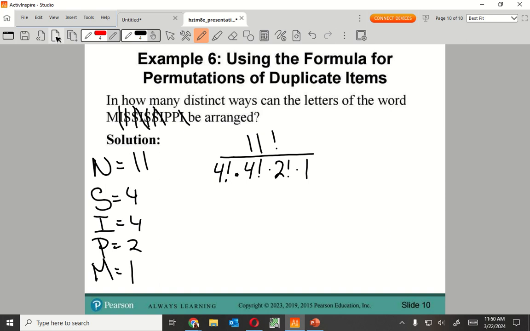So that last one doesn't need a factorial, but it's a place value right there so you know that there is 1s for all the other letters. Does that make sense?